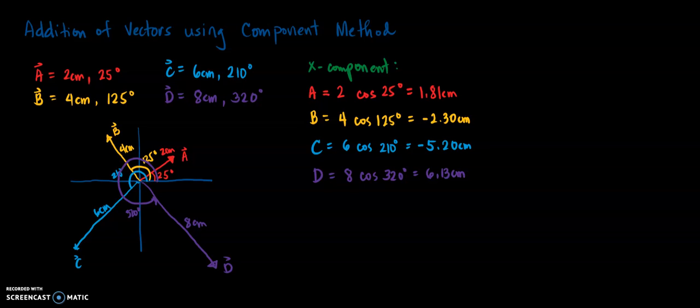Then take the sum of these. The summation of Rx is equal to 0.44.